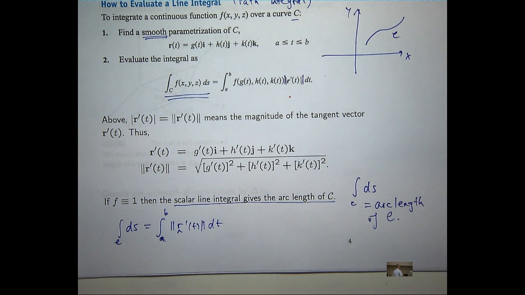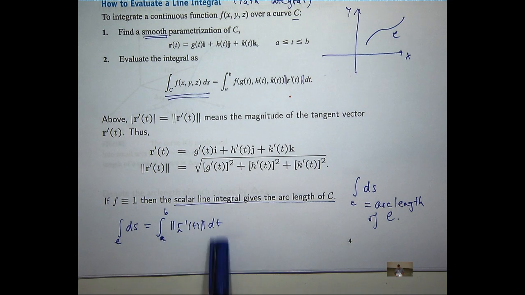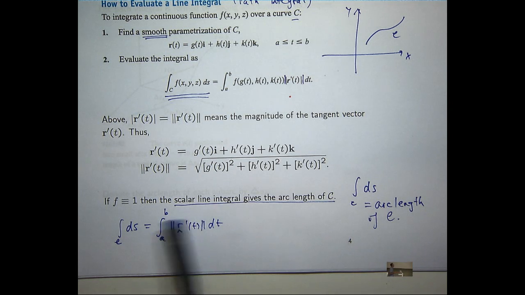Essentially, the arc length is just the integral of the magnitude of the derivative vector from t equals a to t equals b. Now this was shown to you right at the end of first year, math 1231, 1241, but we didn't use the vector notation there. And if you want to look up the derivation for that, I've got a video online that I'll link to that shows how the arc length is this.